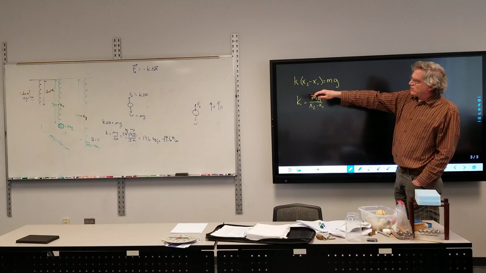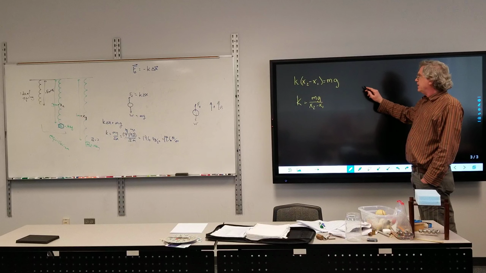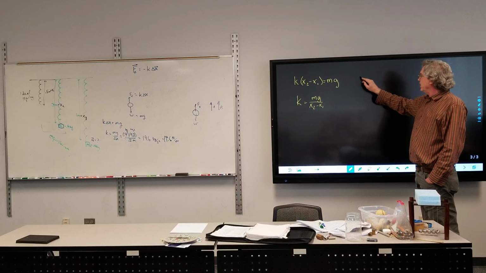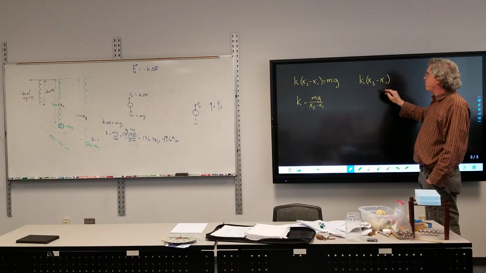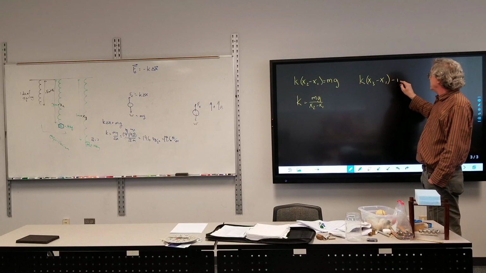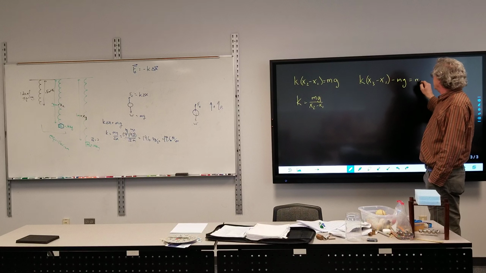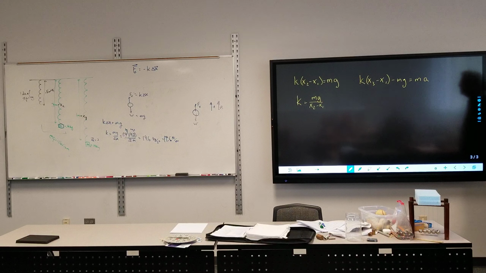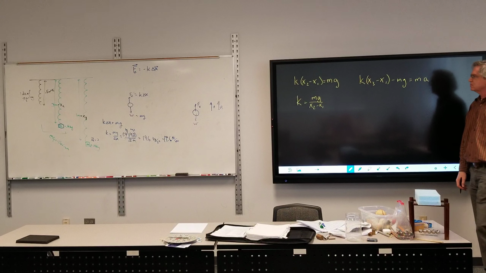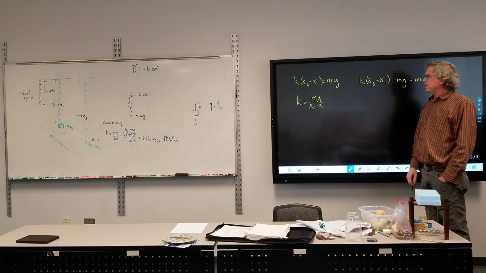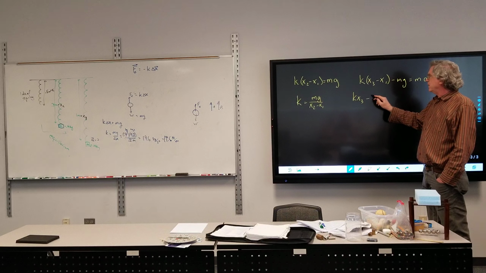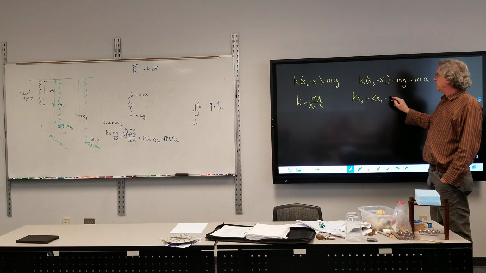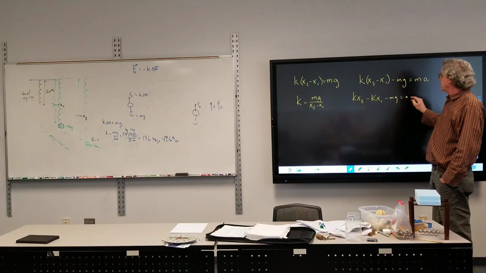If I go to that second situation there, I have k delta x. So I have k times x3 minus x1 minus mg equals ma. Well, x3 minus x1, that's just k x3 minus k x1 minus mg equals ma.